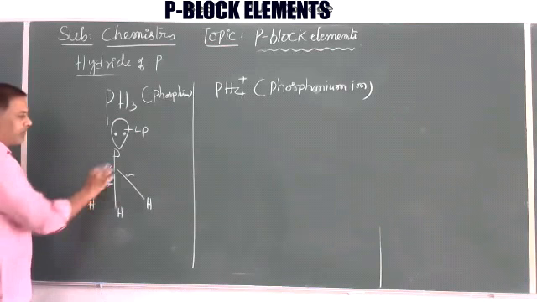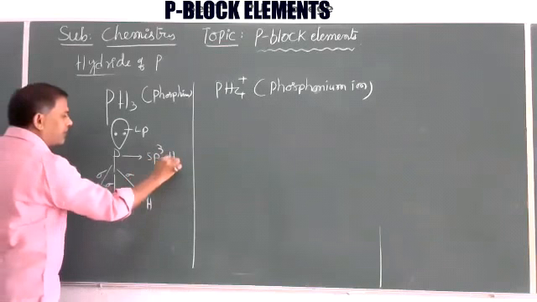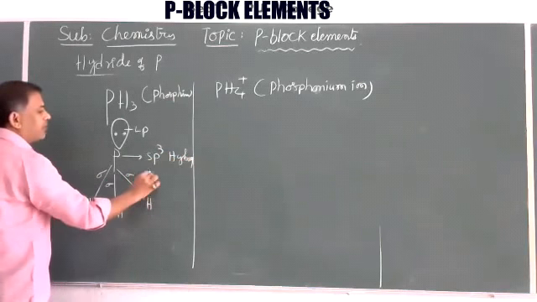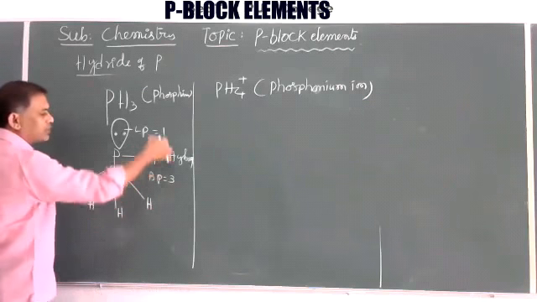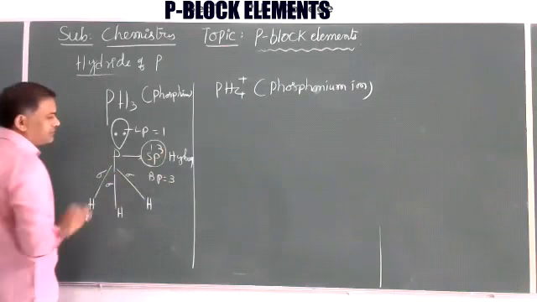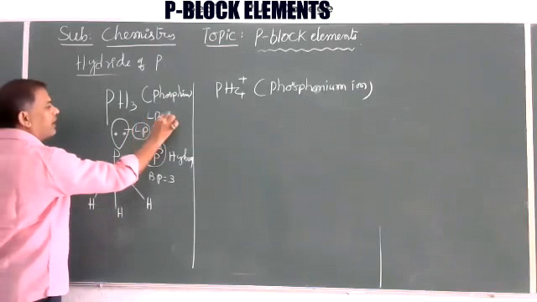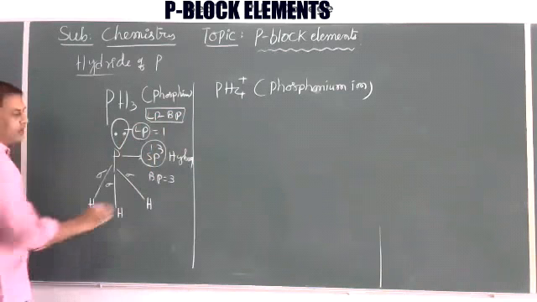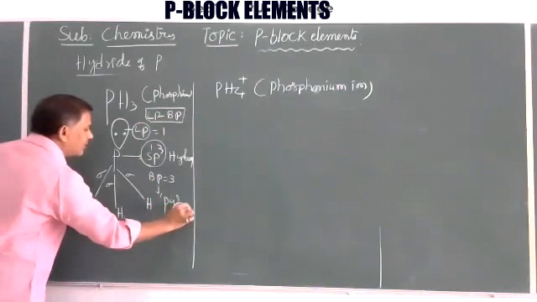This phosphorus undergoes sp3 hybridization based on the hybridization concept. Bond pairs are 3, lone pairs are 1, so total 4. That is sp3 hybridization. But due to the repulsive forces between the lone pair and bond pairs, its geometry is pyramidal.